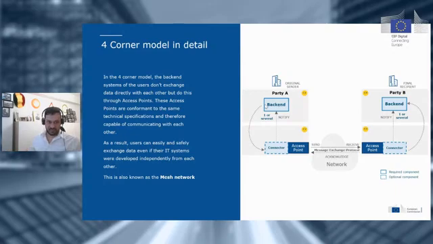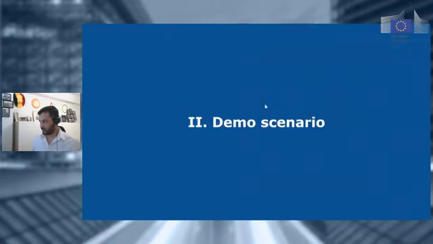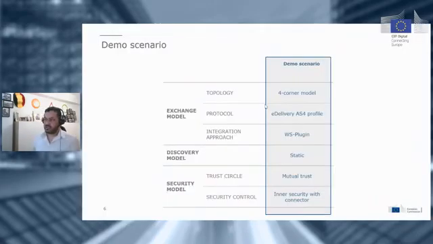C2 is the sender access point associated with C1, and C3 is the receiver access point associated with C4. The communication between C2 and C3 is basically an eDelivery AS4 conversation, and this is secured with the eDelivery profile specifications.